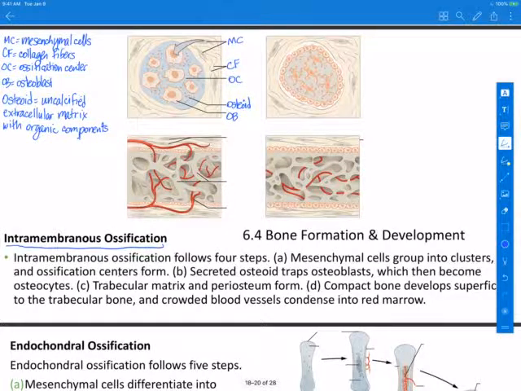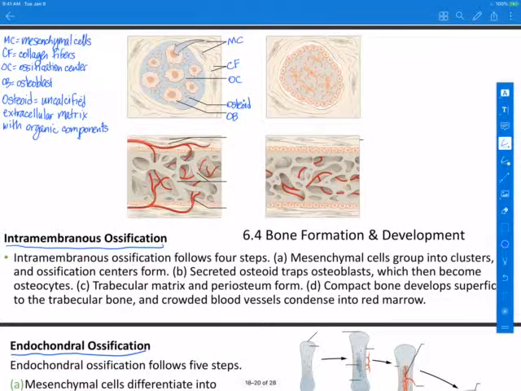The second major way that we produce bones is endochondral ossification. Endo is inside or inner, chond is cartilage. So basically, we form bones from within cartilage. In this way, our bones replace a cartilage template of our skeleton. So we'll talk about these two things, and we're going to start with intramembranous ossification.